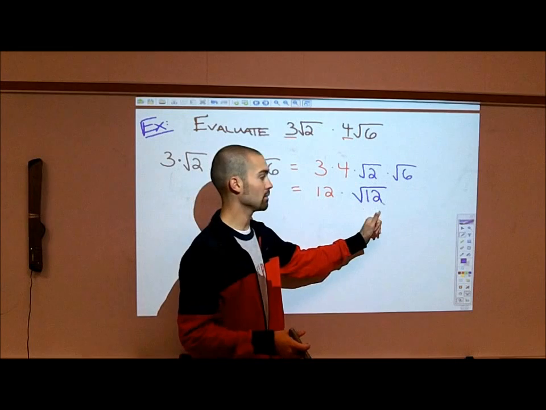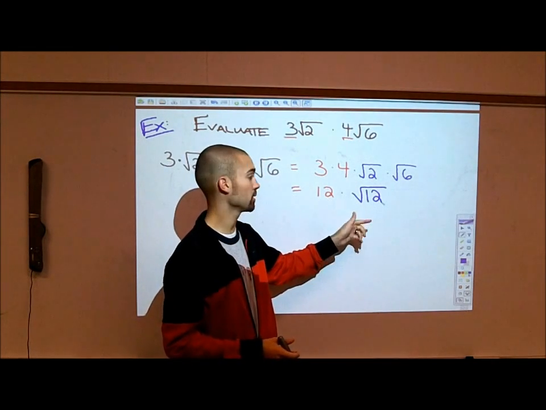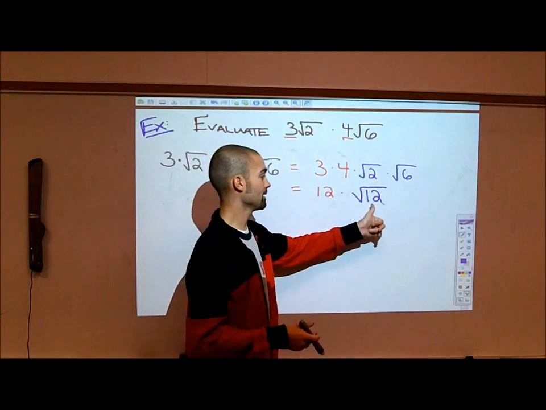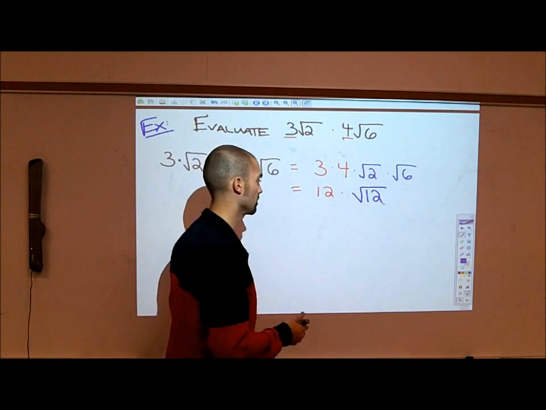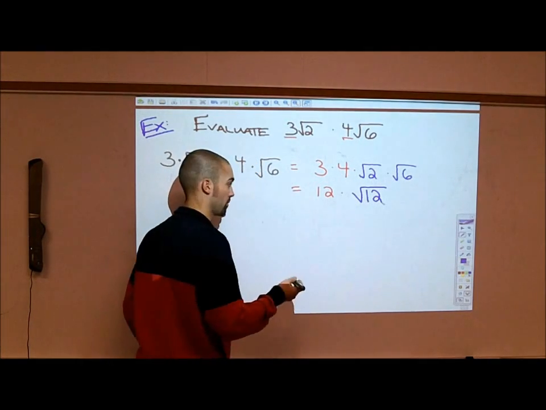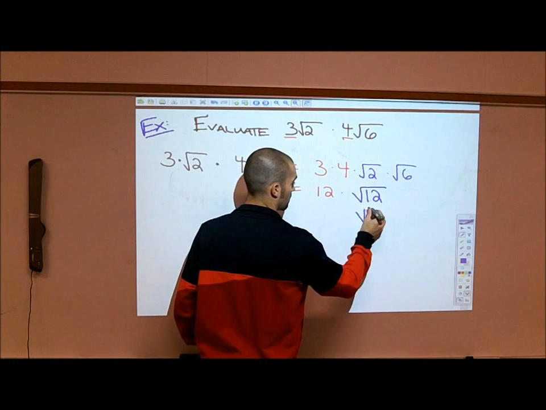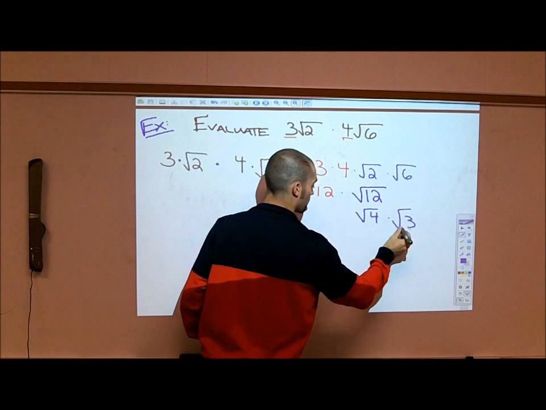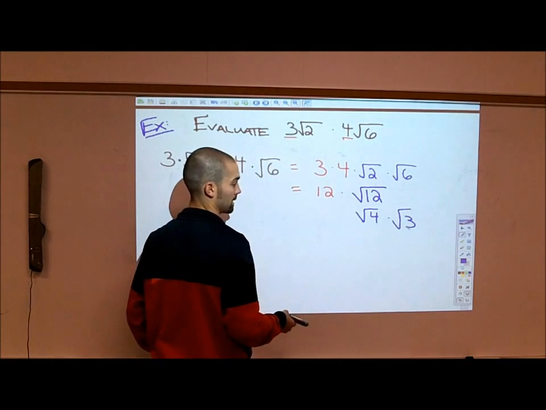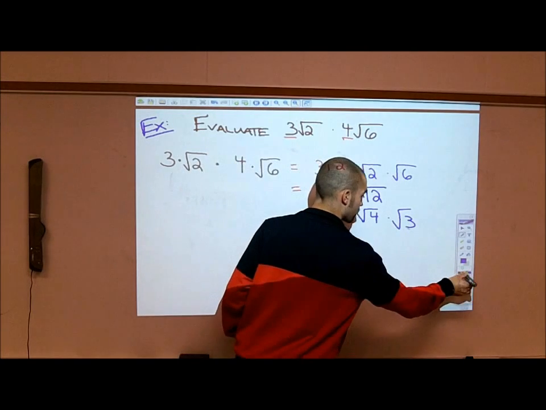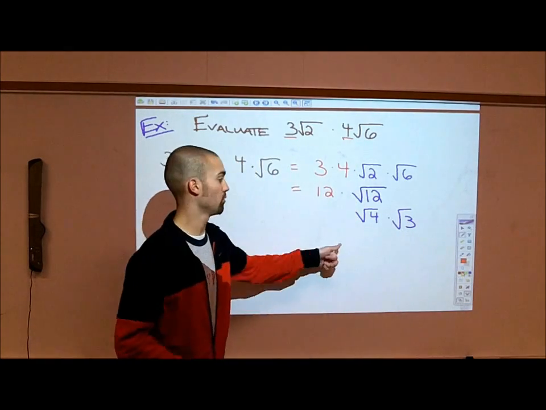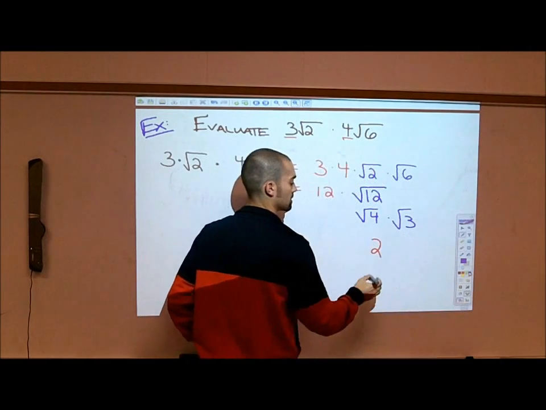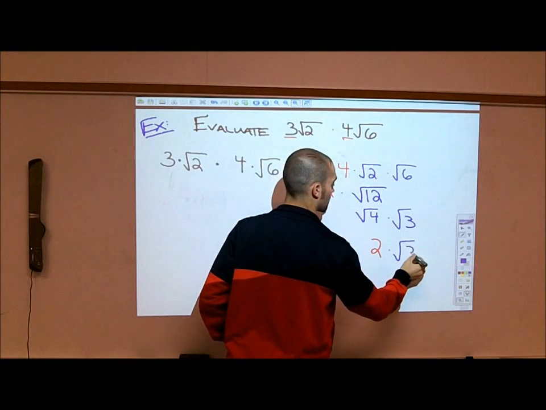Okay, again, we cannot combine these two because this one doesn't have a radical and this does. So, we can still simplify that square root. Well, we know that it can break down into the square root of 4 times the square root of 3. And that ultimately gets us a 2 on the outside, because we can take the square root of 4, times the square root of 3.